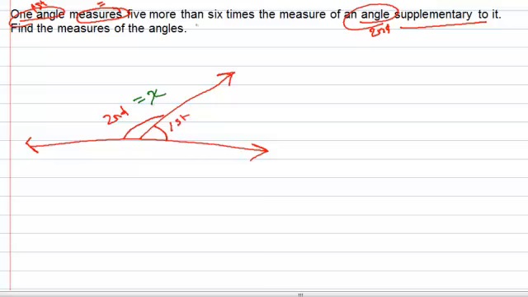The first measures 5 more than, so more is a plus. The measure of an angle, it says 6 times the second. 6 times the second would be, since we said the second is x, 6x. The than is switching the order, and here we've got the 5. So what's being switched is the 5 and the 6x.